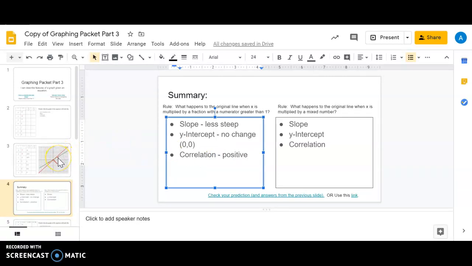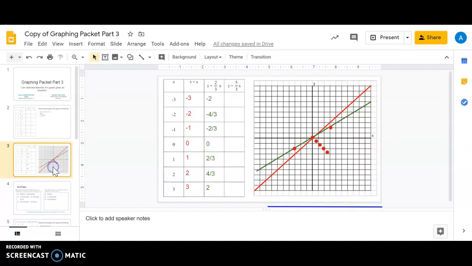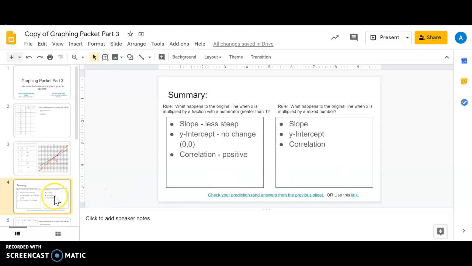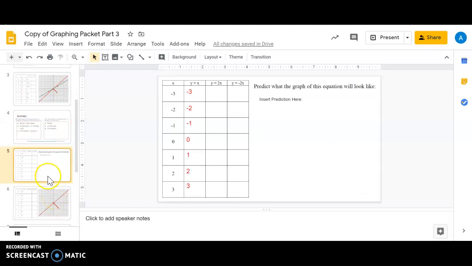You're going to do the same thing with the blue line, but in this case, we're looking at an improper fraction, okay? So the rule we're going to be looking at here is what happens to the original line when x is multiplied by a mixed number or an improper fraction, really, okay? Then you're going to continue with this prediction for 2x and negative 2x, and really we're looking at negative 2x here.